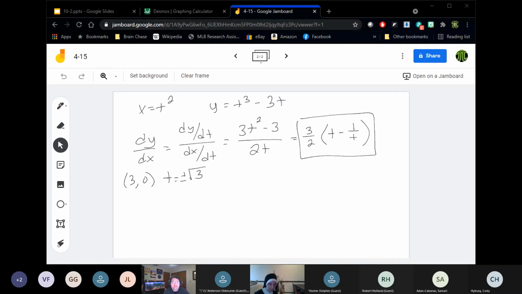So we now have to plug my t value into my derivative to find the slope at that point. So I have 3 over 2 times (plus or minus the square root of 3, minus 1 over plus or minus the square root of 3).